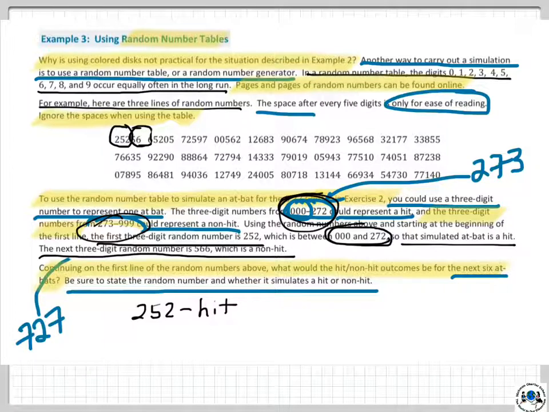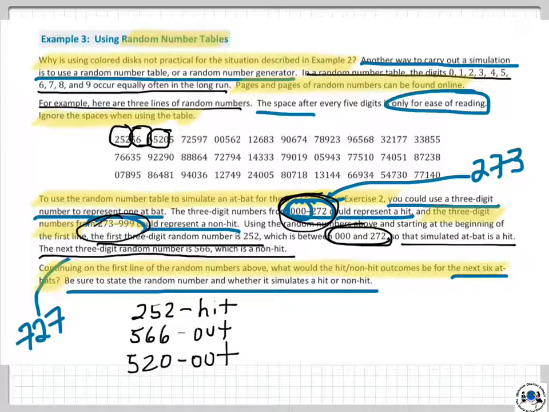The next one was 5, 6, 6, out. And the next one we already did: 5, 2, 0, which was also an out. So go ahead and do the next 5, and we'll get a total of 8. Do that and come on back.